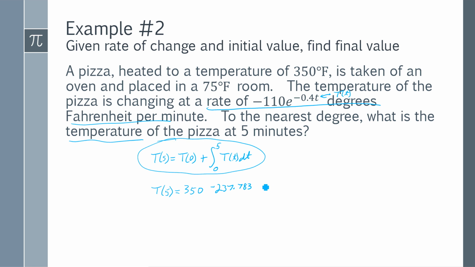For those of you who want to know what this is simplified, because we're actually told to go to the nearest degree, that's 112 degrees Fahrenheit. It does tell me that it's different from rounding to the 3 decimals, so I do have to follow the directions if they tell me go to the nearest degree. And this is my answer.